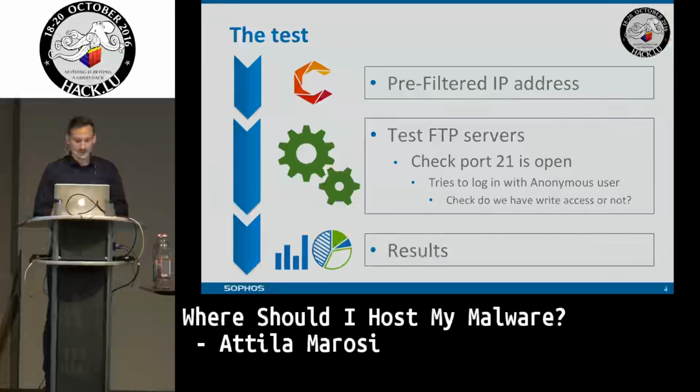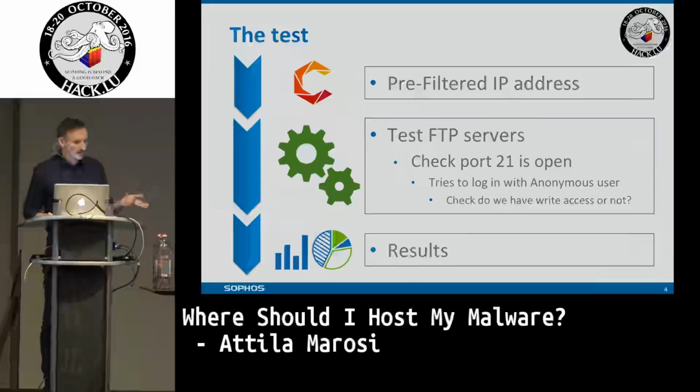In this case, I test the FTP servers to check port 21. Is it open? And try to log in with anonymous users. And if I could, try to write to the disk and test whether we have write access on the disk or not, which is not very good, I think. And then we get the results and analyze them.